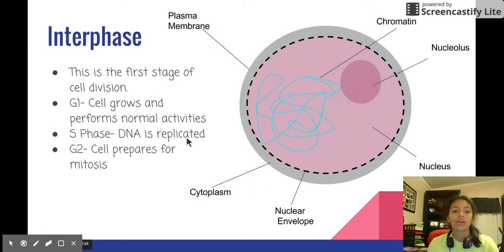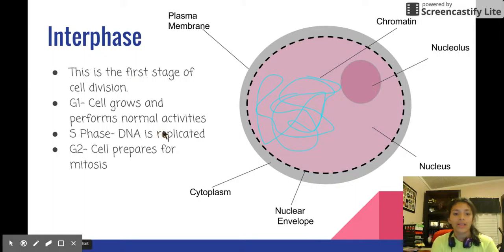So we have interphase, which is the first stage and the longest stage of cell division, and it's made up of 3 phases: G1, the S phase, and G2. The first phase of interphase is G1. A cell is growing, carrying out its normal cell processes and its normal activity, and it is getting ready to replicate its DNA in the S phase.